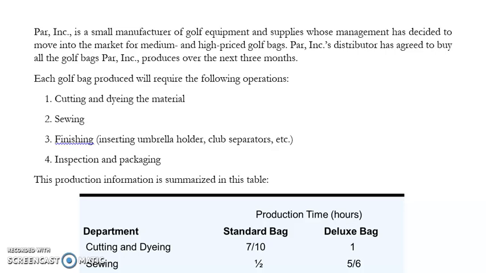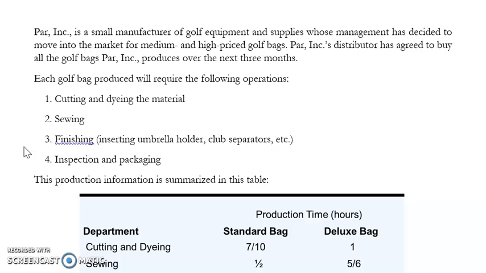Par Incorporated's distributor has agreed to buy all the golf bags Par Incorporated produces over the next 3 months. Each golf bag produced will require the following operations. We have here 4 operations: cutting and dyeing the material, sewing, finishing, and the last one is inspection and packaging. Please always, when you want to do a problem through mathematical modeling, through decision science, take your time.